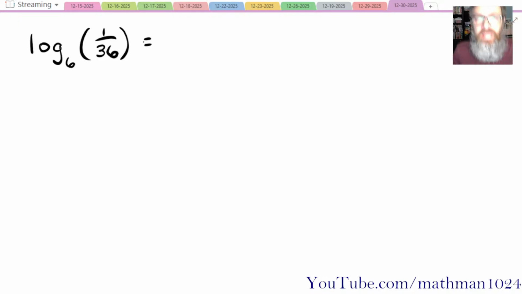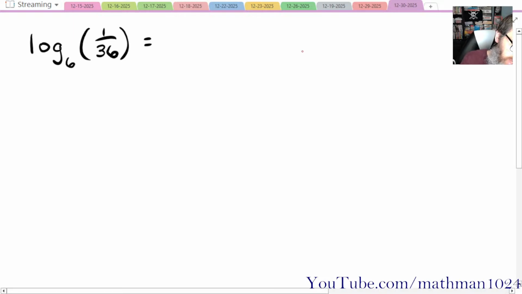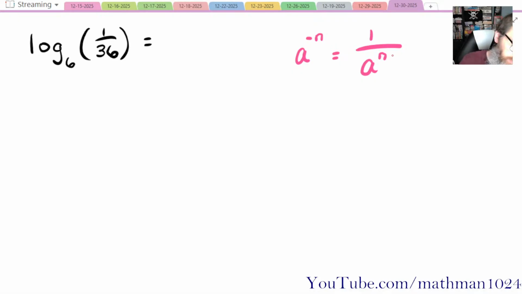Well, it does if you remember a couple of things we talked about yesterday. So let me just remind you of this. When you have a base to a negative power, remember that it doesn't give you a negative number. The negative says, put that guy on the other side of the fraction bar. So it's 1 over a to the n. Okay, so that's one thing I want you to keep in mind.